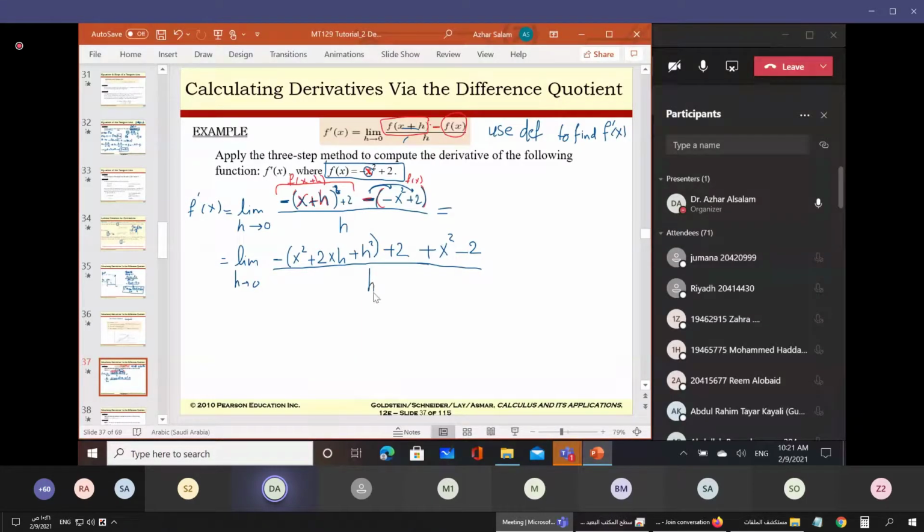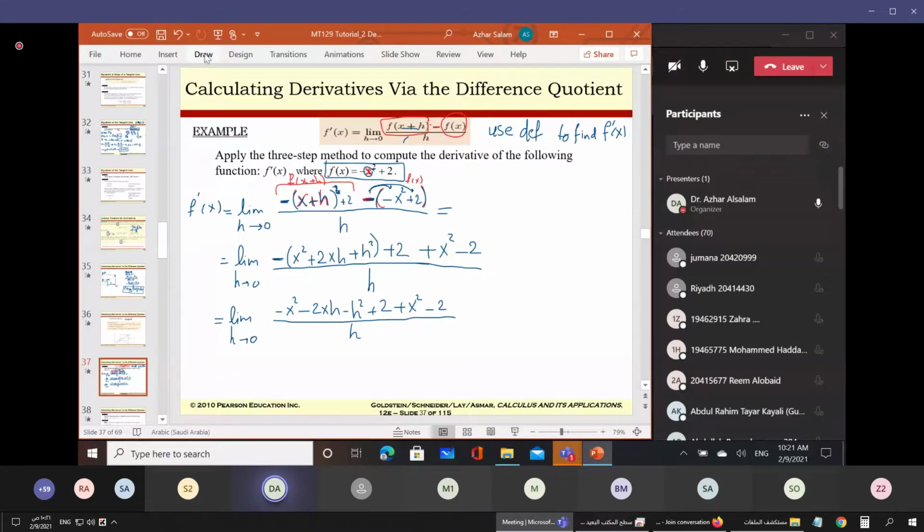Divided by h equals limit as h approaches 0. Now I will distribute this sign inside the brackets. So it will be minus x squared minus 2xh minus h squared plus 2 plus x squared minus 2, over h.